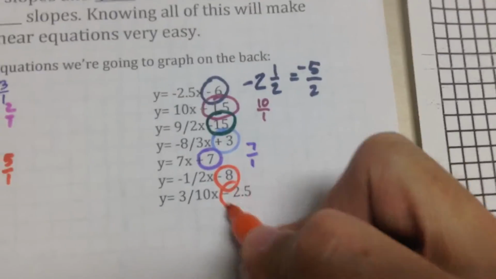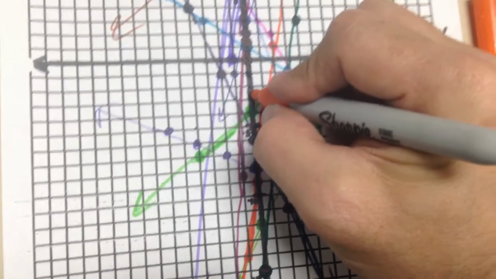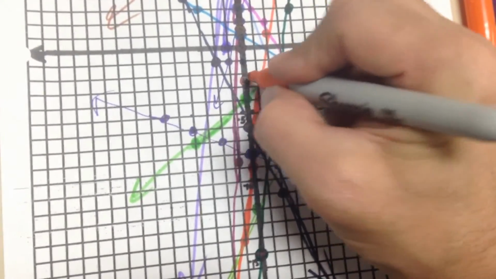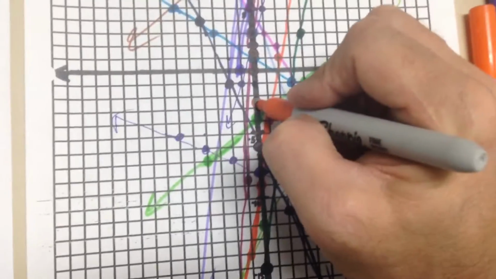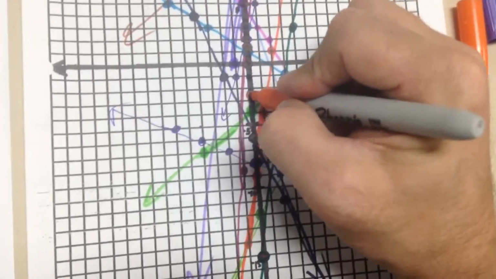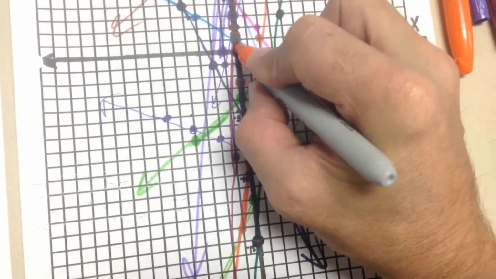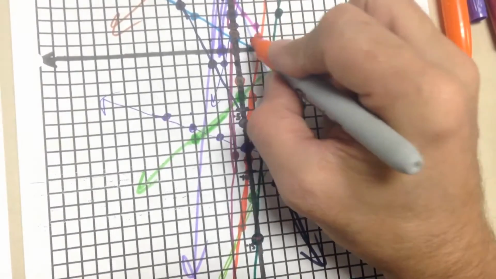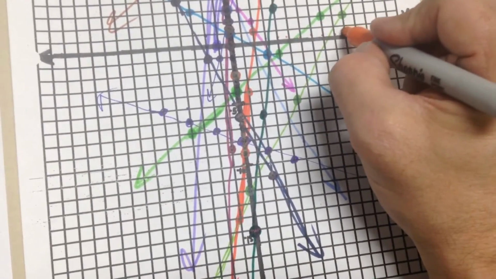And the last one, yay, negative 2.5. So I come down here, negative 2.5 is right here. My slope is 3/10, so that means from here I go up 3. Again, I'm in the middle between two numbers, so I got to stay in the middle when I go up. So up 1, up 2, up 3, and then positive means go right, so 3/10, so right 10. 1, 2, 3, 4, 5, 6, 7, 8, 9, 10.